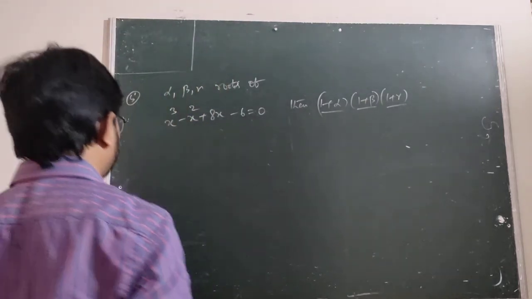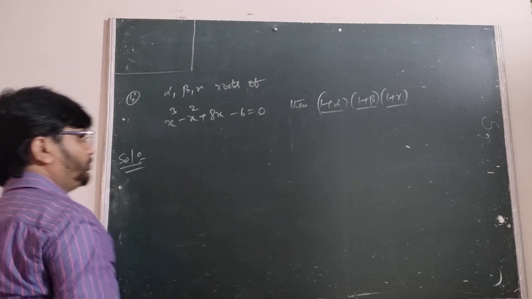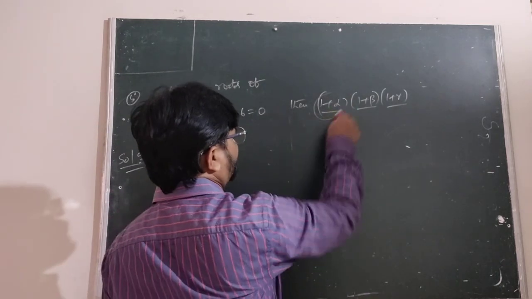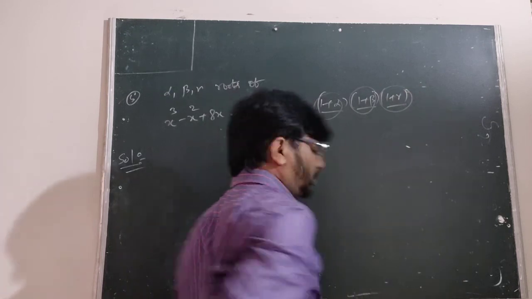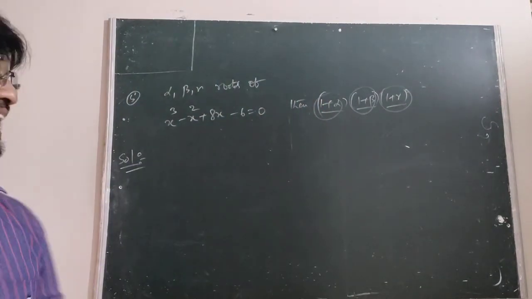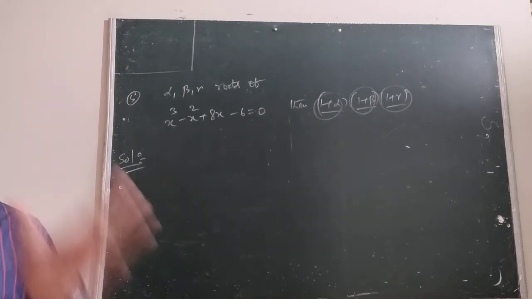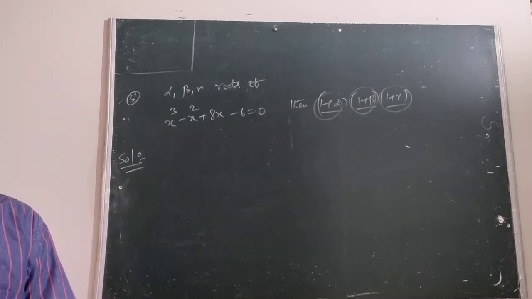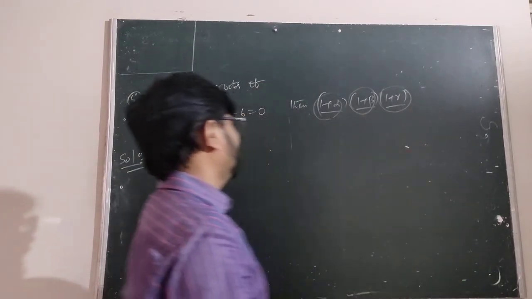Our observation is, suppose 1 plus alpha is one root, another root is 1 plus beta, and the third root is 1 plus gamma. Now we find the transformed equation having the roots 1 plus alpha, 1 plus beta and 1 plus gamma. Then the product of those is our required value.